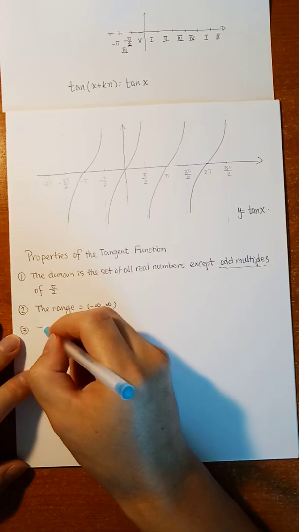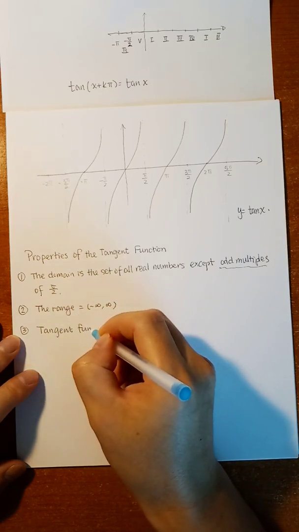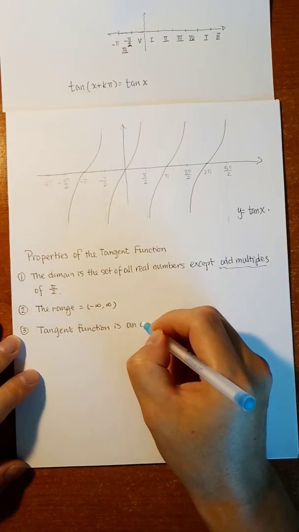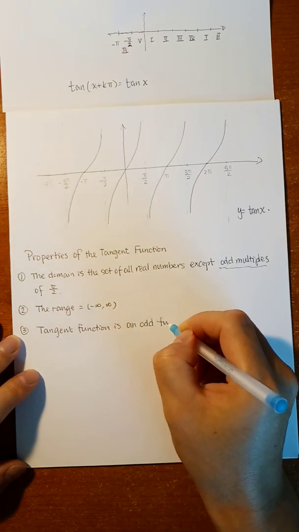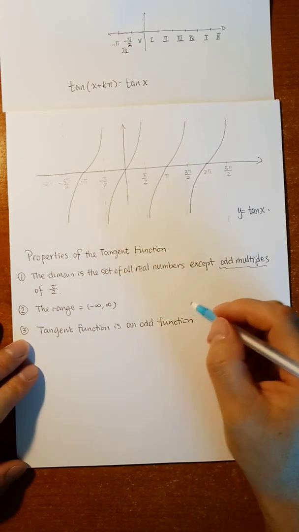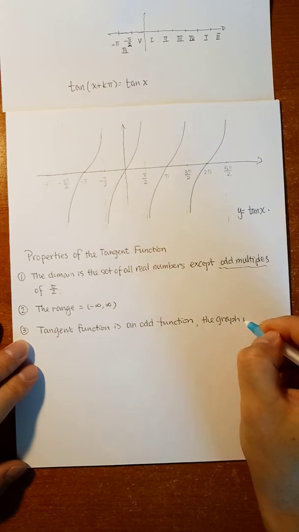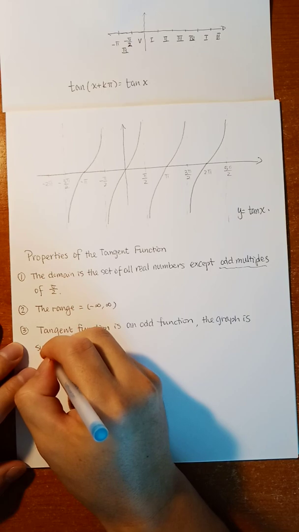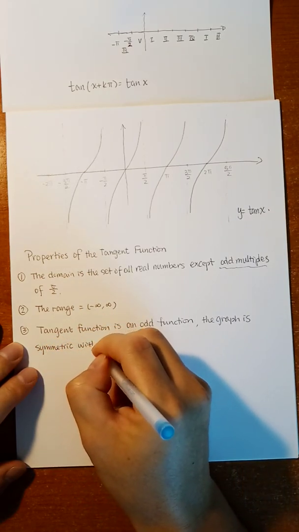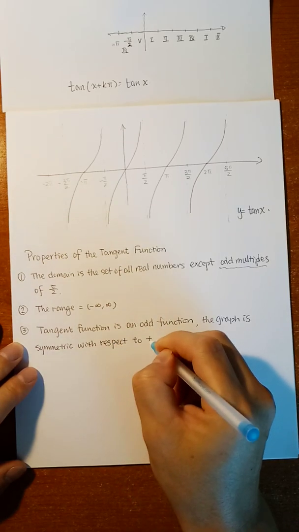Three. The tangent function is an odd function. Odd function, the graph is symmetric with respect to the origin.